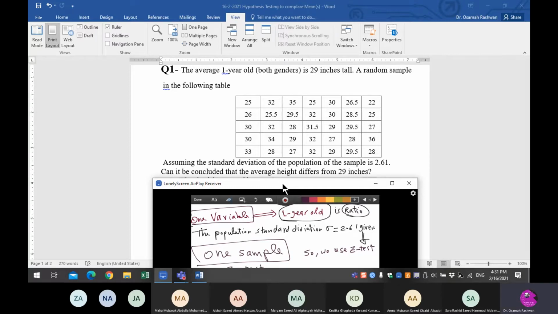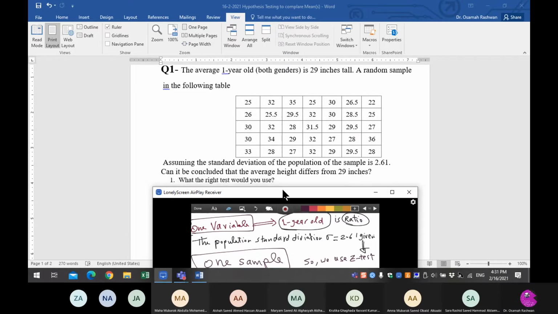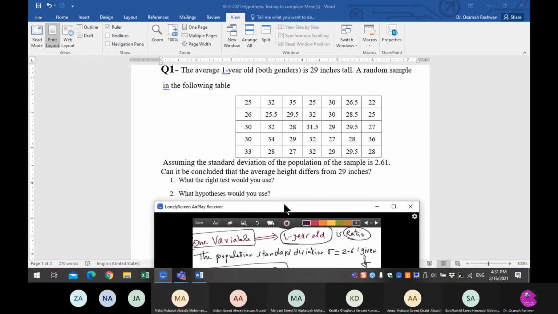Let's do the steps. Are you given alpha or not? No. So we answer the first part, right? Solution. This is the first part. The second part: what is the hypothesis?